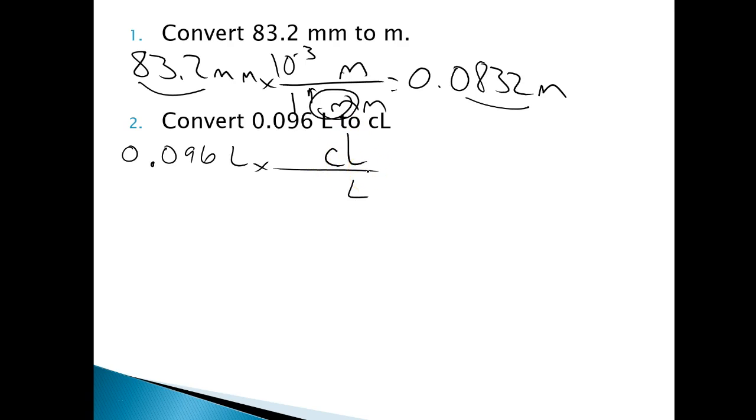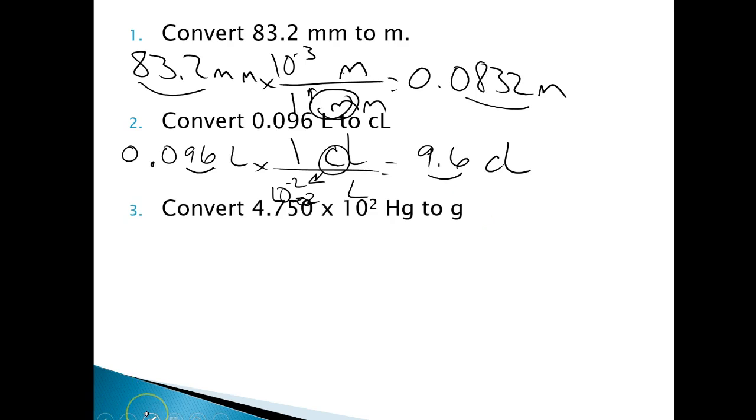Here's my conversion with 2. Put a 1 where you see 2 letters. And put the conversion for this, centi, 10 to the negative 2, on the bottom. And so when you do that, you get 9.6 centiliters. Okay, in terms of sig figs, 2 and 2.